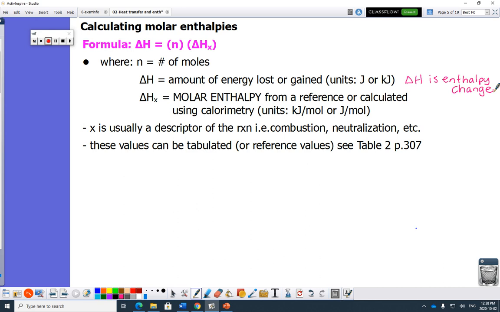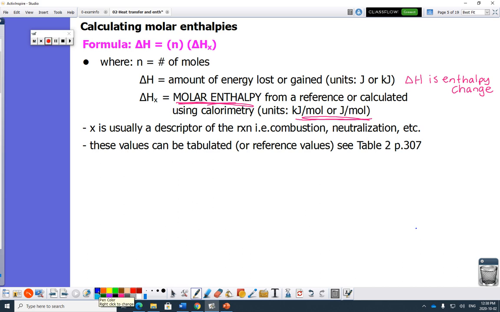So again, this X here can be anything. We're just describing the reaction. So delta H comb, delta H solution, delta H neut for neutralization. It doesn't matter. It can be whatever you want. But the important thing here is that if it's kilojoules or joules per mole, then that is molar enthalpy.